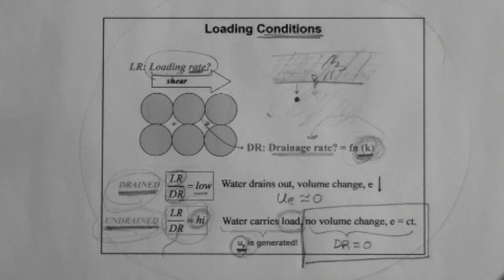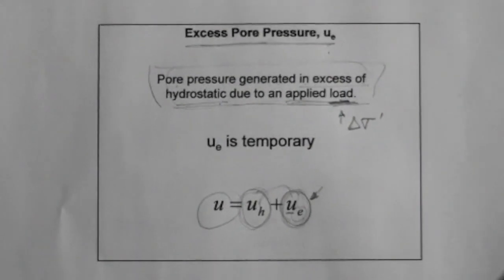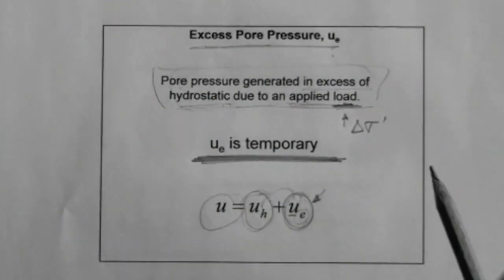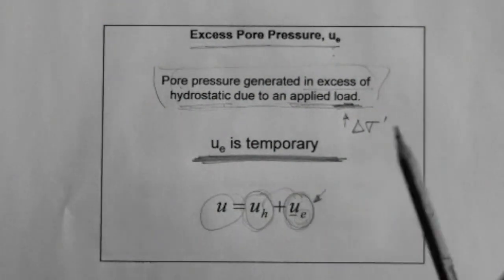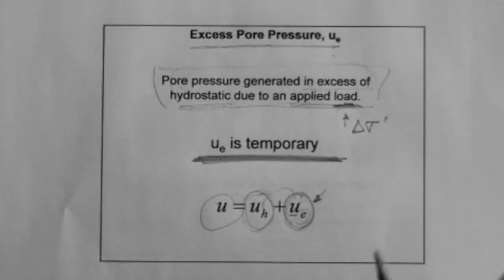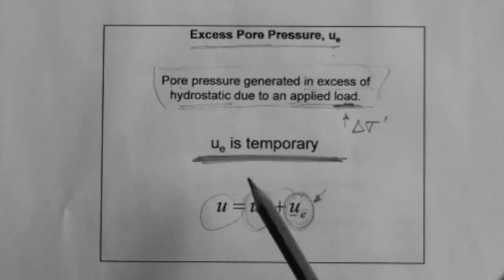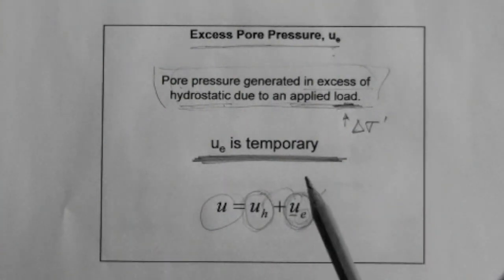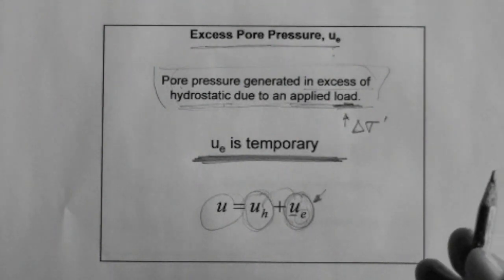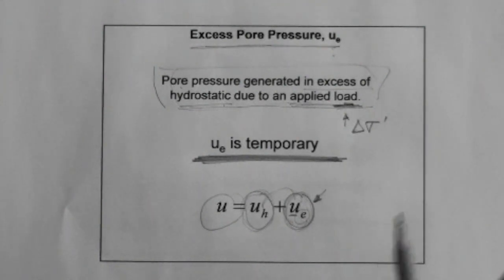To finish off, let's go back to this slide and look at this right here. We already implicitly said this, okay? UE is generated when we load a soil and the condition is undrained. And then eventually the water finds its way to escape the mass of soil, such that the soil still remains saturated, okay?